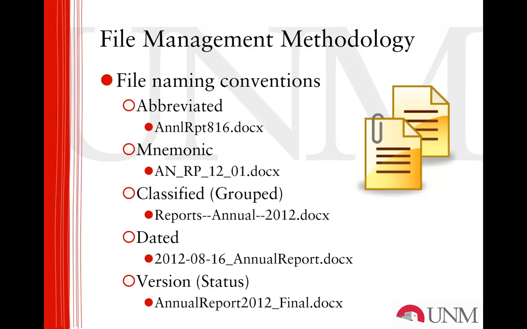And that makes it more difficult to look at files in a directory that are date sorted. So using a specific ISO date format, and using a classified arrangement to group like kinds of content together, those are important concepts in developing good file naming conventions.